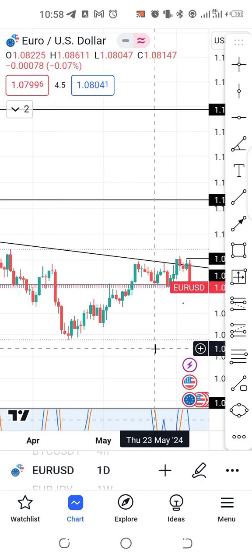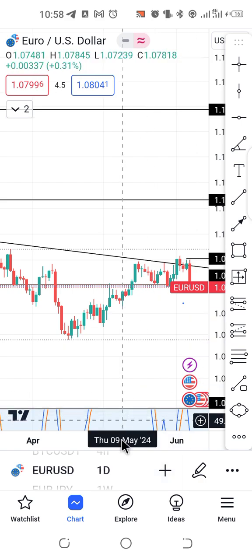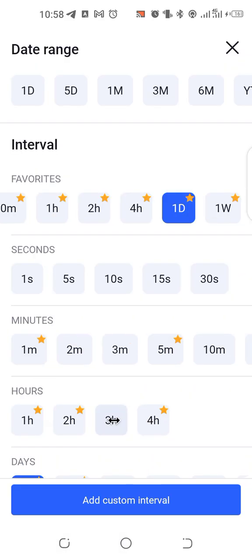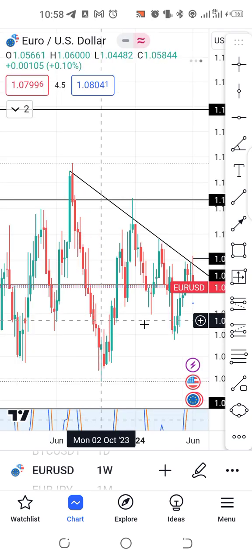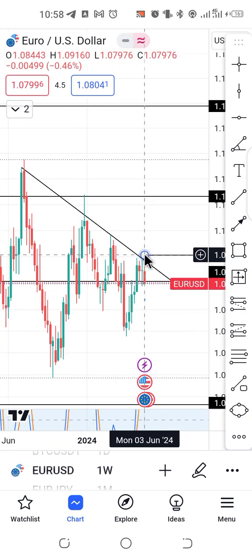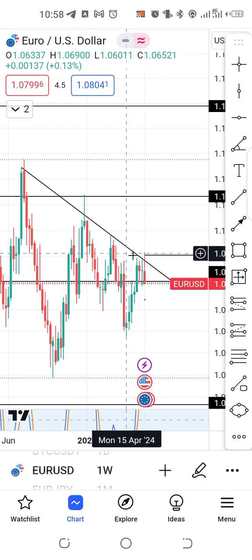But if you do not go and check what is happening on the weekly, when we go back to the weekly, you realize that price was on a key area. Price was on a resistance zone, on a diagonal resistance line.